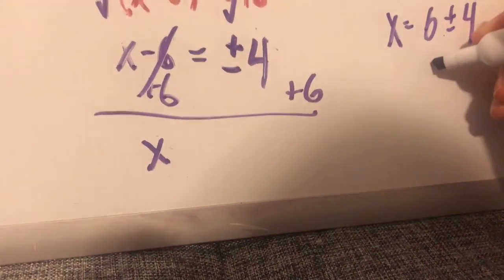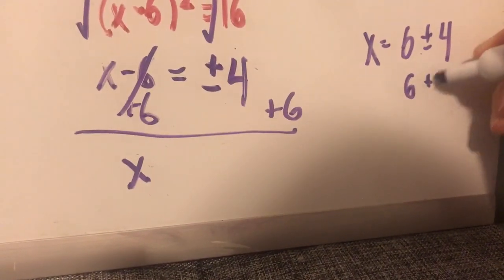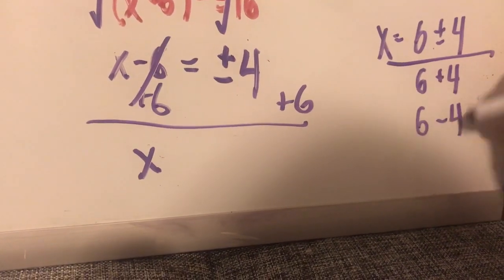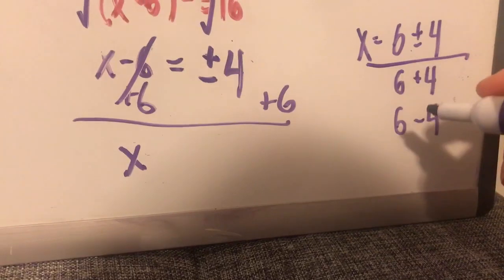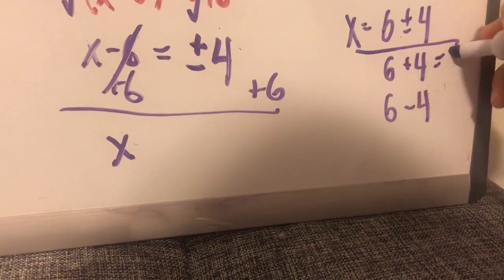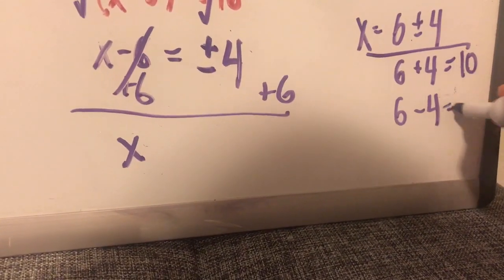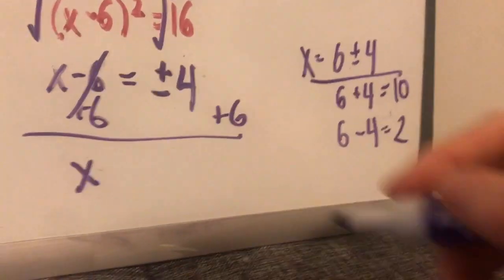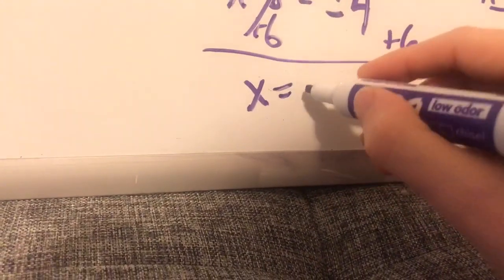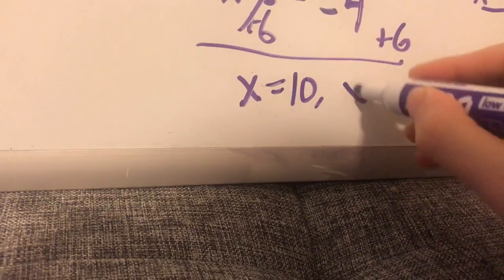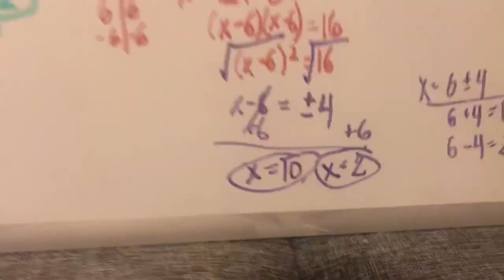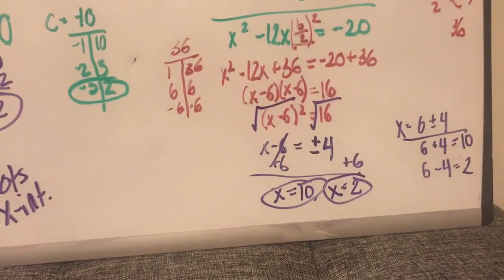One of those solutions is saying 6 plus 4, and the other one is saying 6 minus 4. So go ahead and actually combine those to get your solutions. I know that's going to give me 10, and this is going to give me 2. And those are my x-intercepts here, or my zeros, or my roots. Bam. That's it.